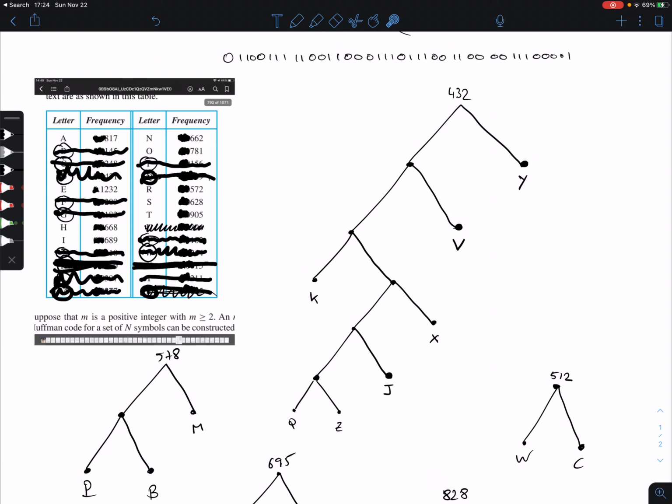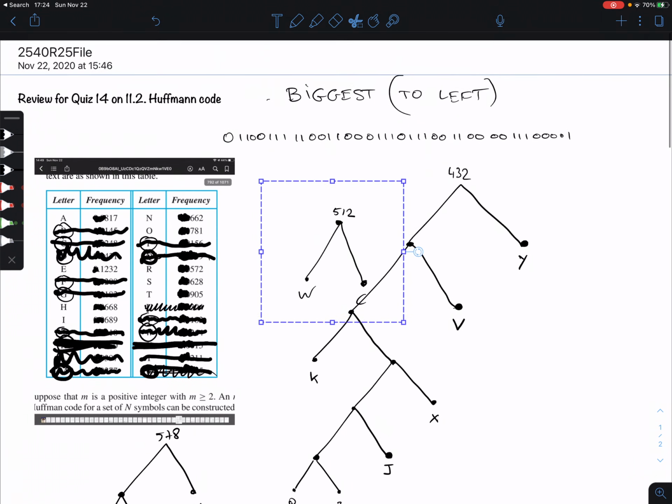Even these other letters are even more frequent than these letters combined. No, not both of them combined. Anyways, this means that this one has to go on the right, so I'm going to do my cutting. And this, of course, is something you cannot do on a quiz. So that's why I'm saying I want you to write these things a little bit better.